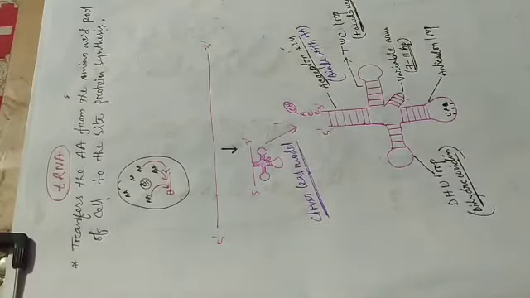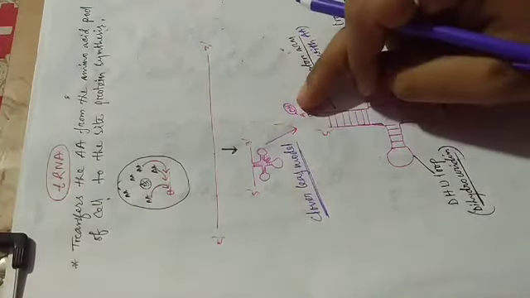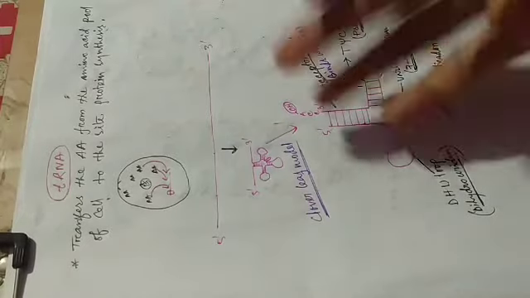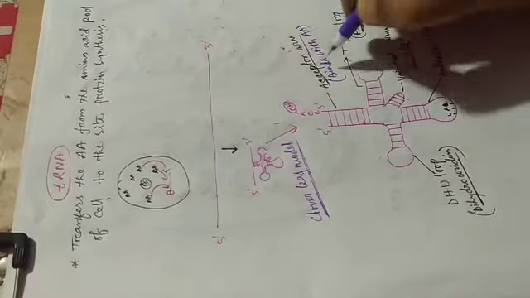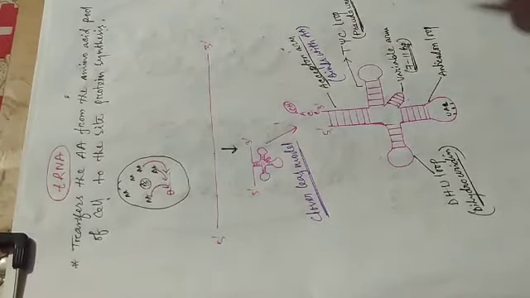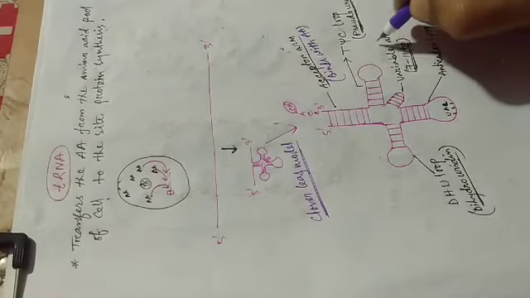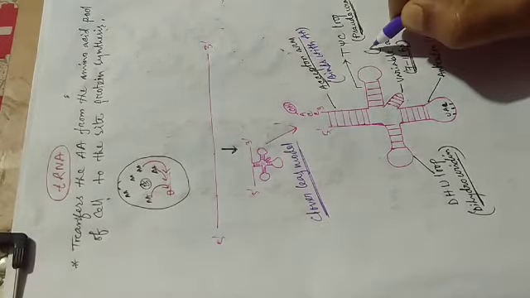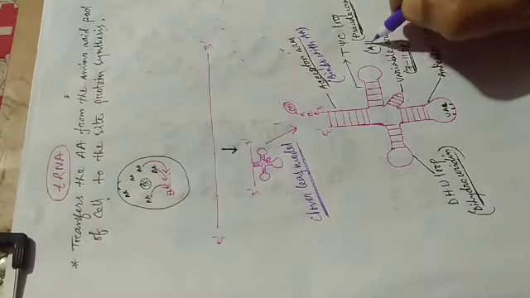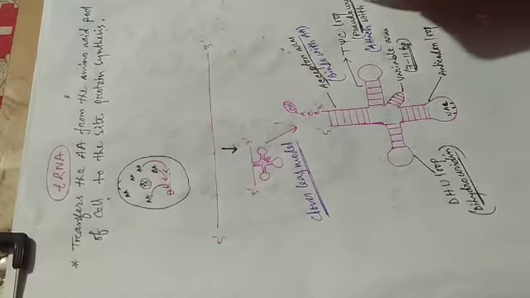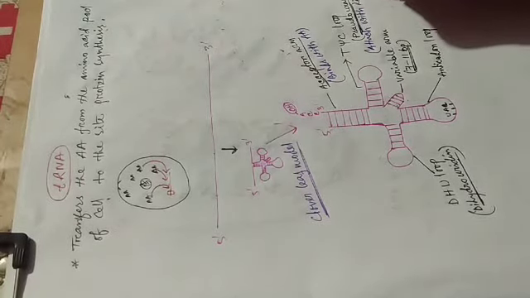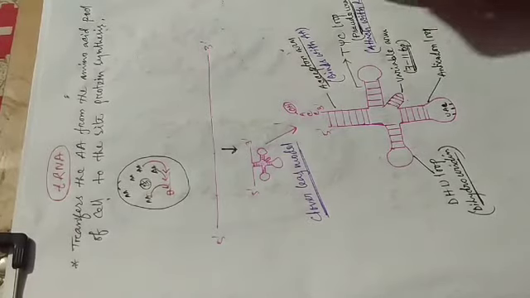If the amino acid does not attach to the tRNA, then how is it possible to carry it? The acceptor arm binds with the amino acid. Then the function of the T-psi-C loop. The T-psi-C loop helps in attaching with the ribosome.